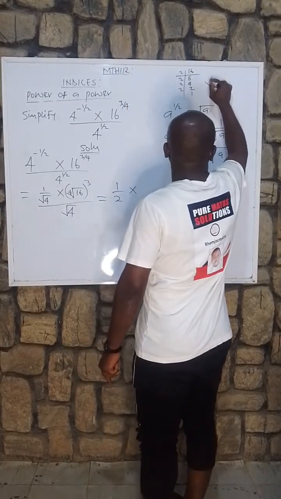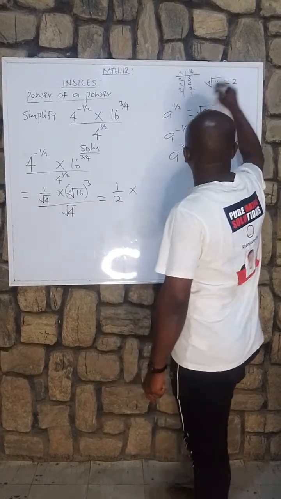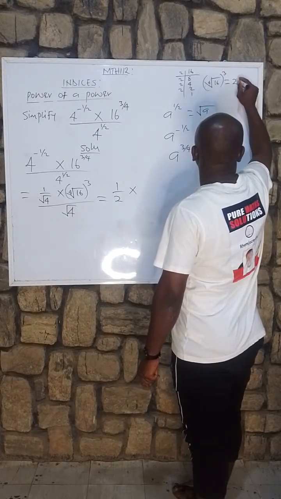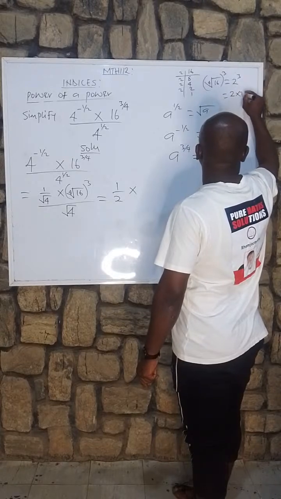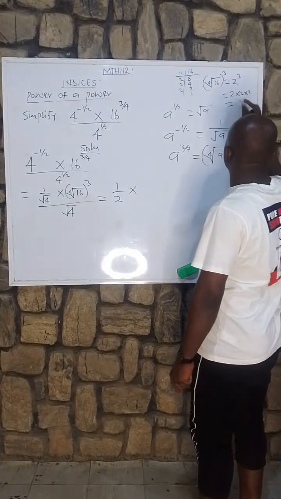So fourth root of 16 is equal to what? 2. But mind you, we have open bracket, close bracket, raised to power 3. So here we are supposed to raise to power 3. This implies 2 times 2 times 2, which is 2 times 2, 4, times 2, 8.